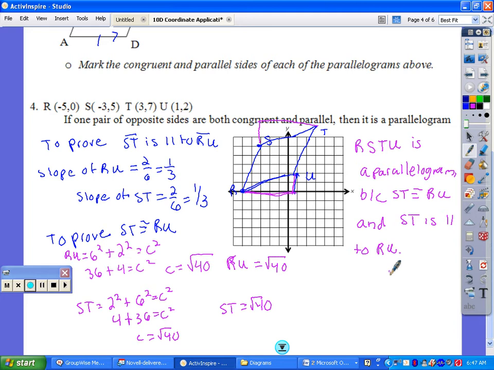Okay. So therefore we know one pair of opposite sides is both congruent and parallel. And you need to make sure that you show the slope for both and the distance for both.